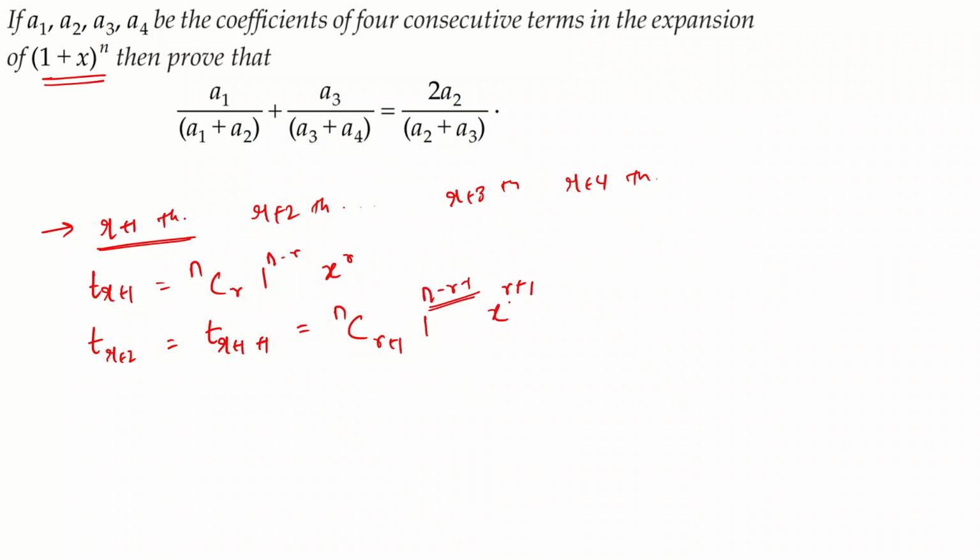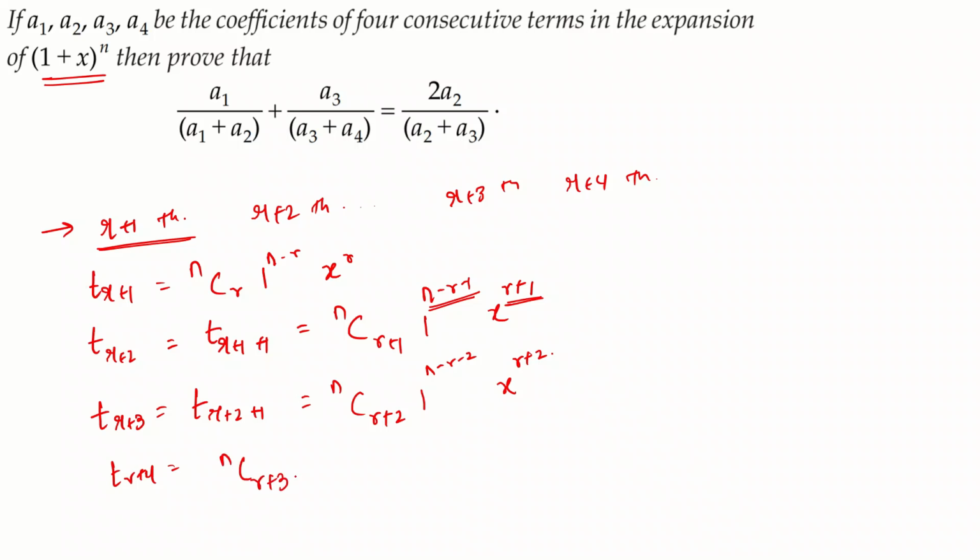Remember, head minus tail, and this is just the tail or the leg, whatever you may call it. T r plus 3 can be written as T (r plus 2) plus 1. So this gives us n C r plus 2, 1 to the power of head minus leg, n minus r minus 2, and x to the power of leg, which is r plus 2. And similarly, T r plus 4 will be n C r plus 3, 1 to the power of n minus r minus 3, x to the power of r plus 3.